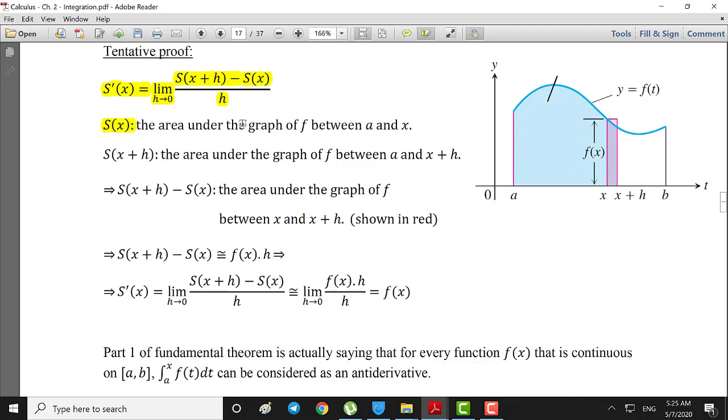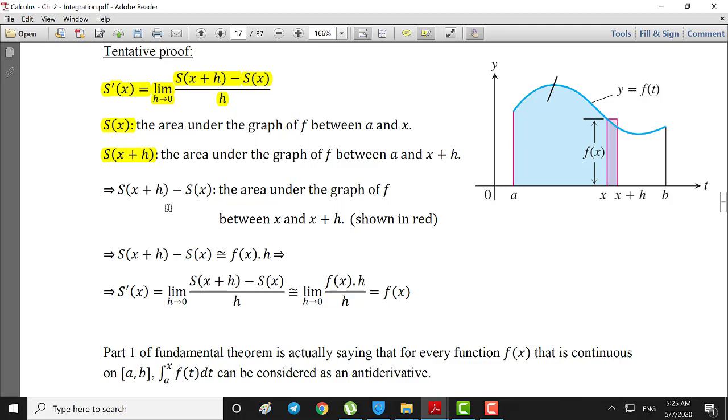Now, in the same way, s of x plus h is equal to this area under the curve of f starting from a finishing at x plus h, right?